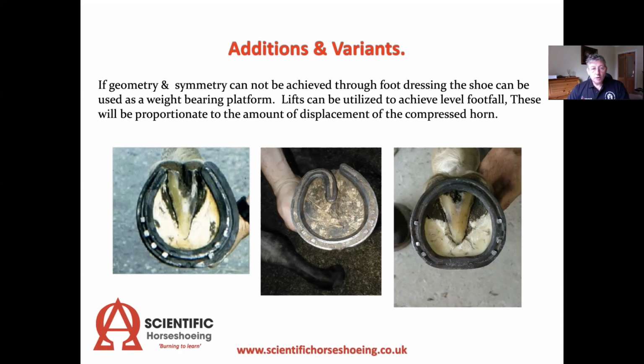These will be proportionate to the amount of displacement of the compressed horn, so that the complementing parts of the foot that are dysfunctional or not there, that should be, are supported by increasing platform surface areas and reducing ground pressure, increasing and stabilizing the foot with more caudal support, achieving greater bearing surface to reduce ground pressure.